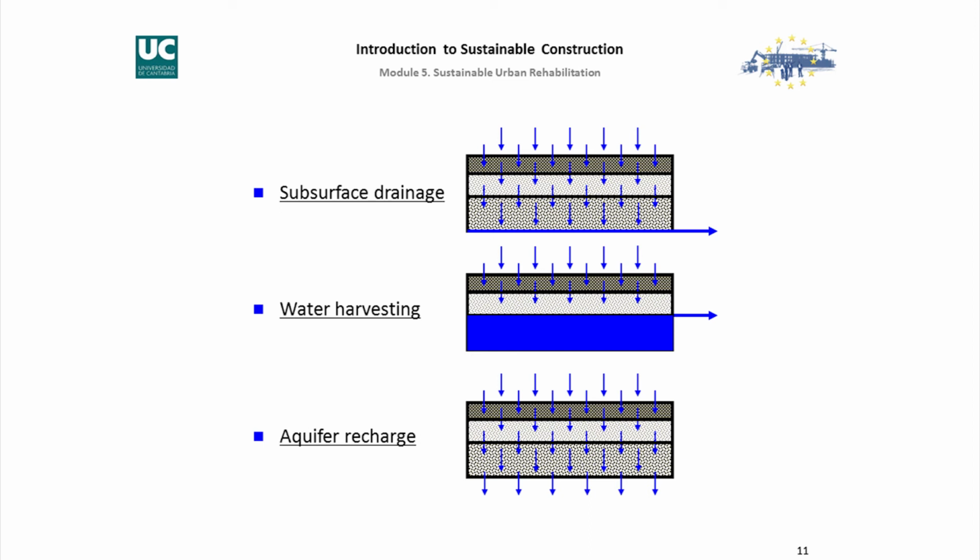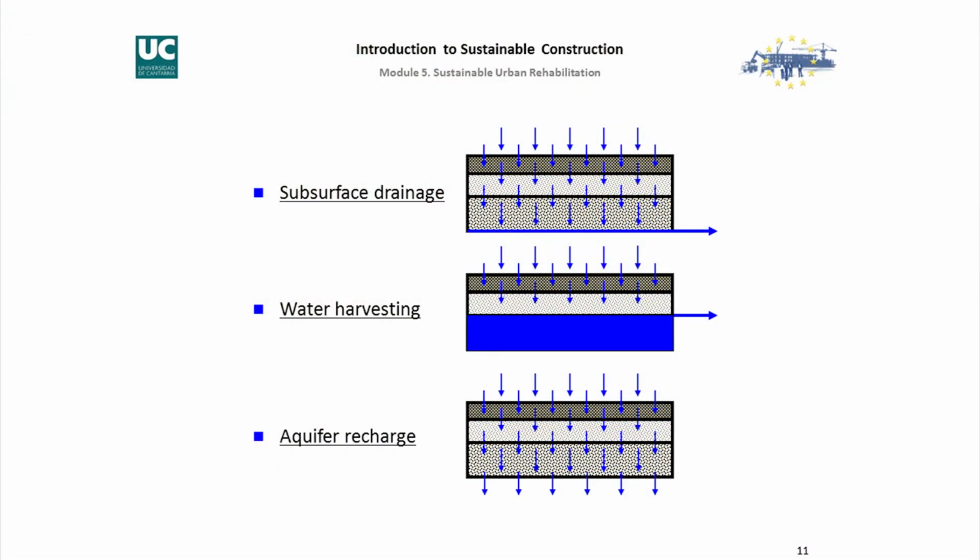But probably the most interesting way of dealing with this rainwater that we are filtering is to do water harvesting in the streets, in all the surfaces of the city.